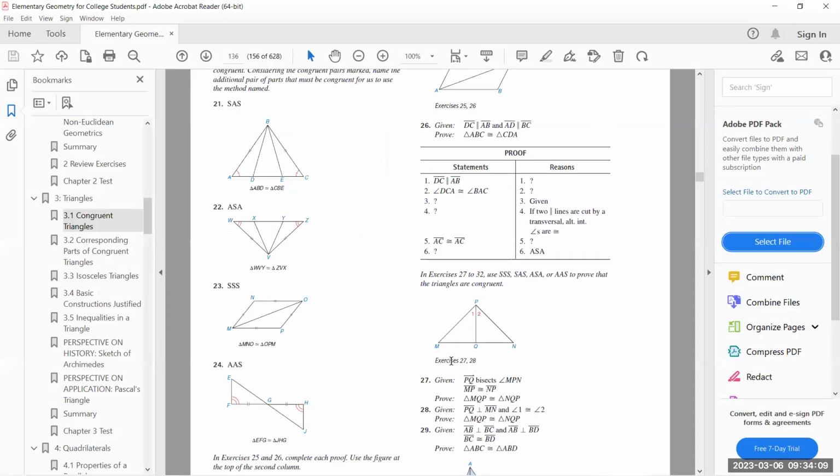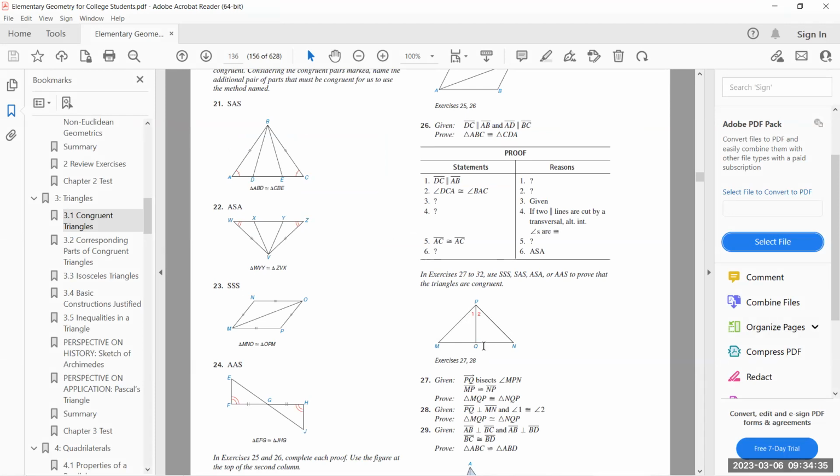So we can say that angle MQP, this vertex angle at the bottom, is 90 degrees.